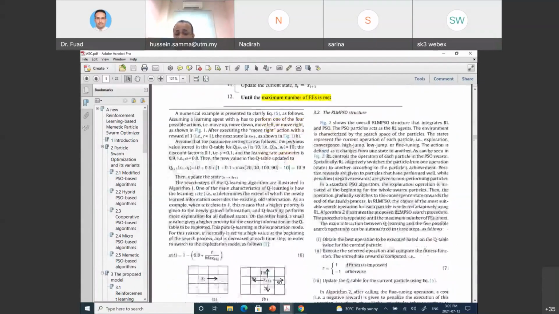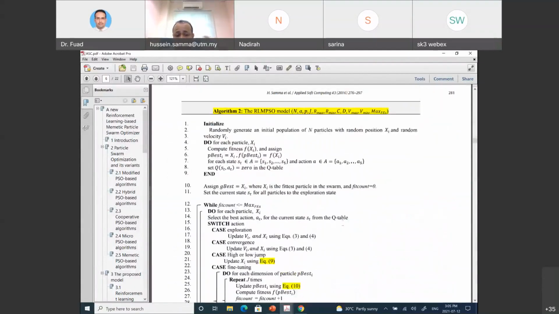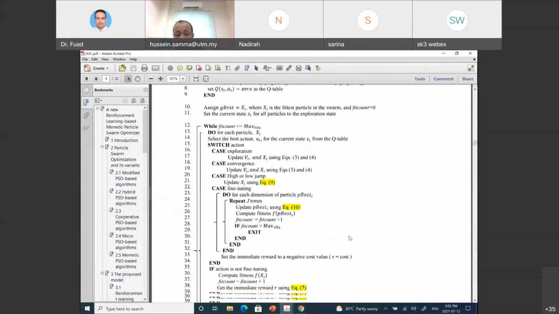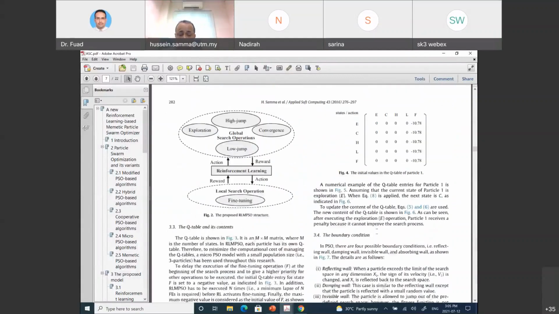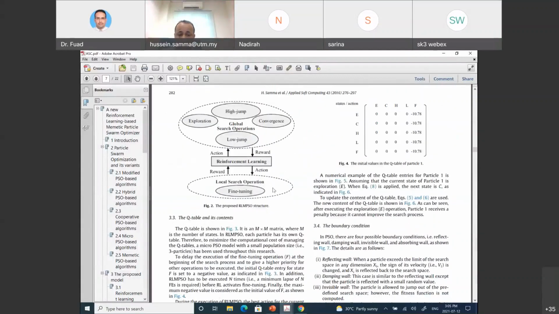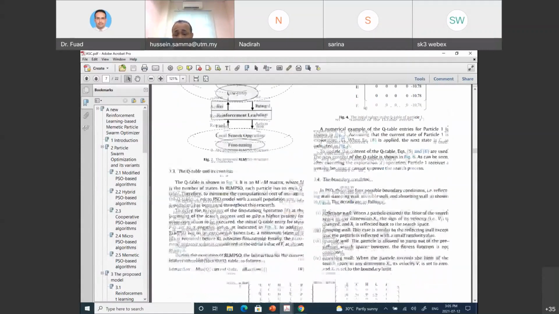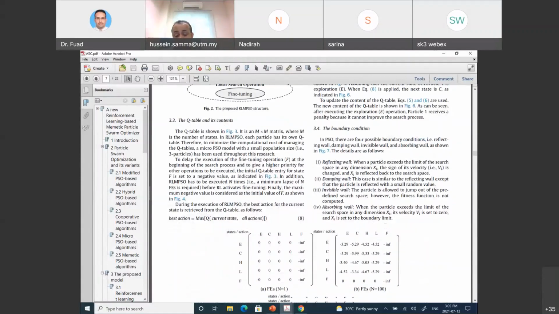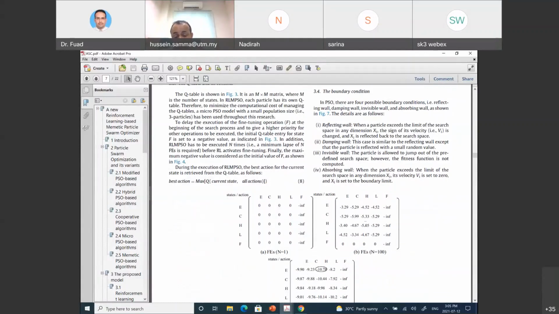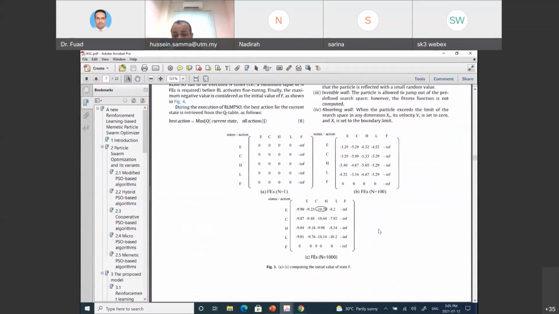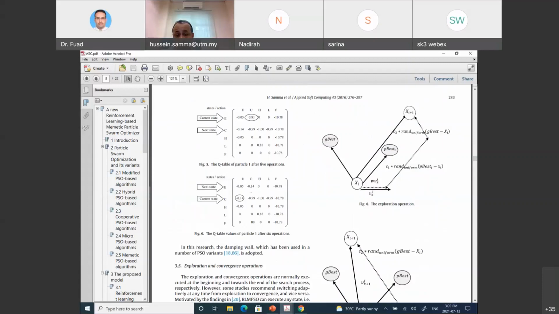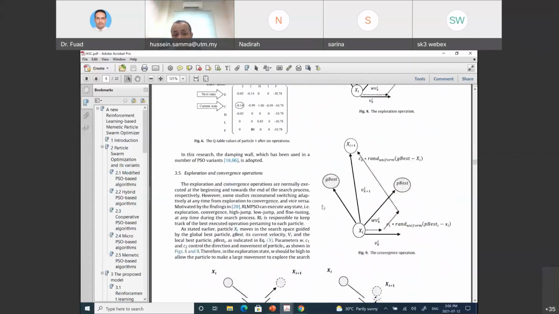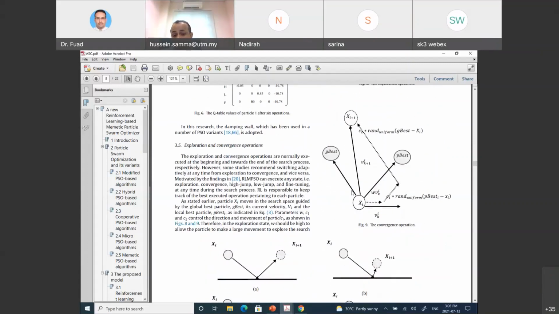We have a lot of figures explaining how the integration between reinforcement learning and particle swarm optimization could be done. We try to explain this to convince the reviewers that this model could work that way. So you have some numerical examples here, all about presenting your model.